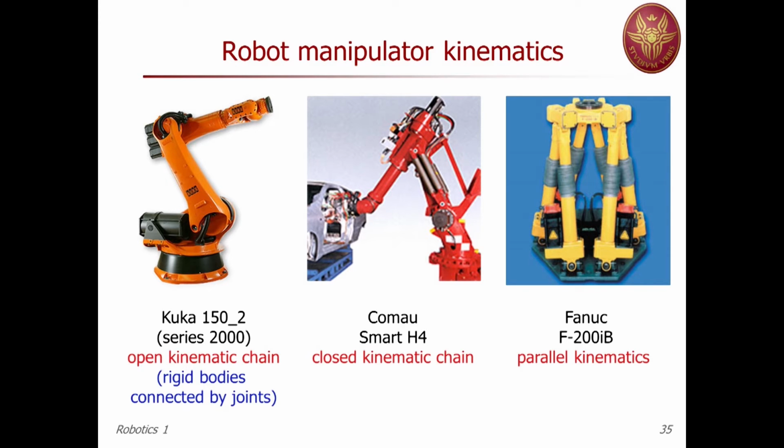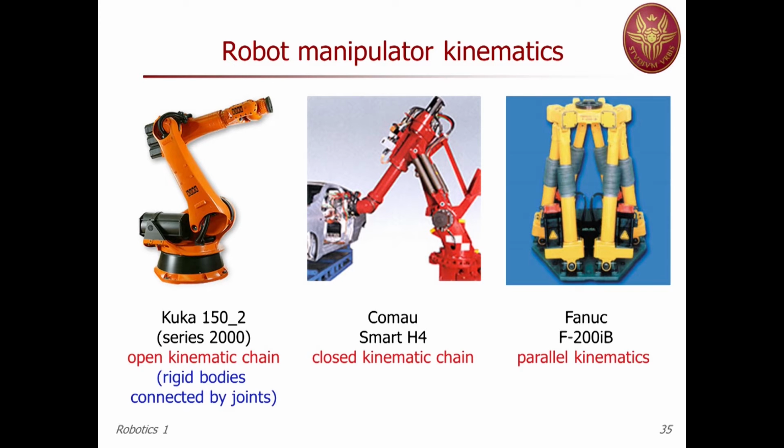If these motors are relocated close to the base, they move relatively little, but they are able to move the remote links through this kind of articulation, in particular a parallelogram, and then we have a closed kinematic chain.